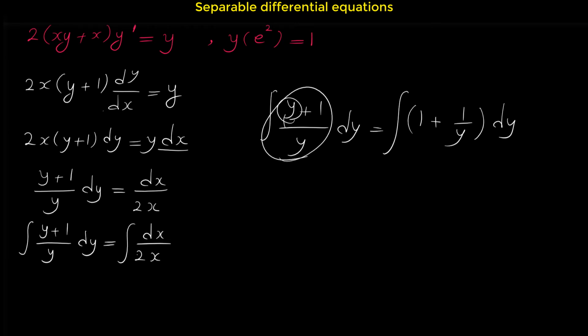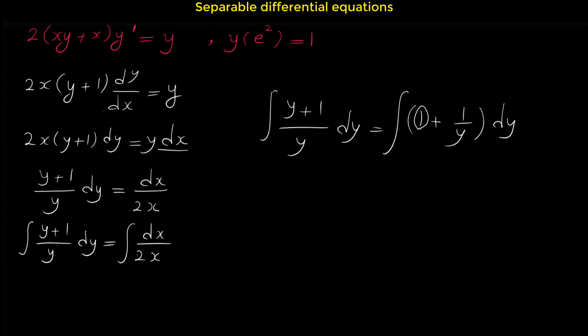Because if we separate y over y, we have 1, and the next term is 1 over y. So we can write y plus 1 over y as 1 plus 1 over y. If you do a common denominator here, you can get back to the original expression.